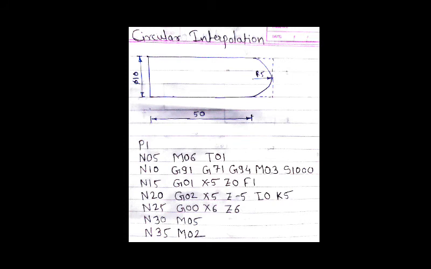Now we are going to remove the material which we have shown in a dotted line. That's why we are using the next block, N20, G02. G02 is for circular interpolation clockwise, X5, Z-5, I0, K5. I and K are the circle parameters.